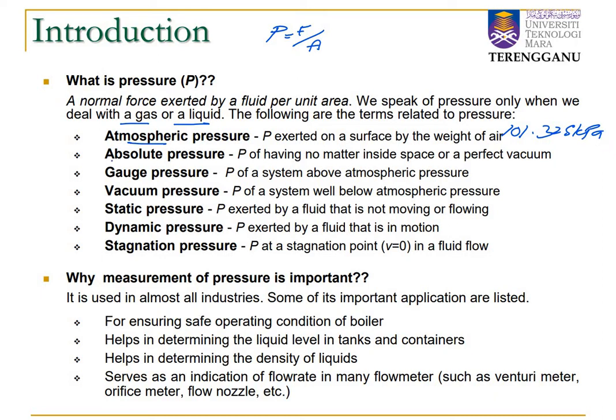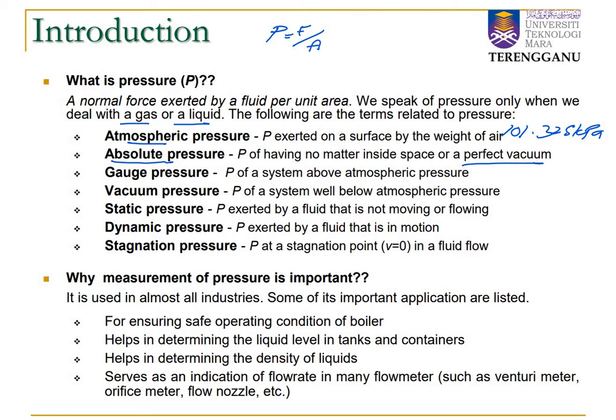Okay, absolute pressure. Basically absolute pressure is the pressure that is absolute for that matter. For example, we have argon gas, the pressure of the argon gas without considering the atmospheric pressure. So basically the condition for the absolute pressure is a perfect vacuum.